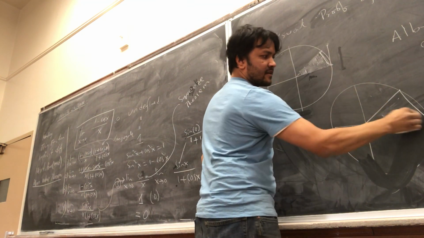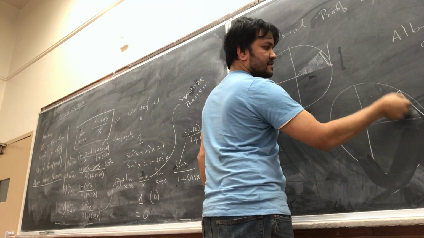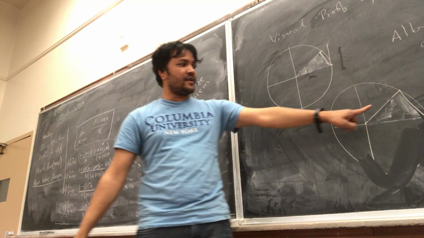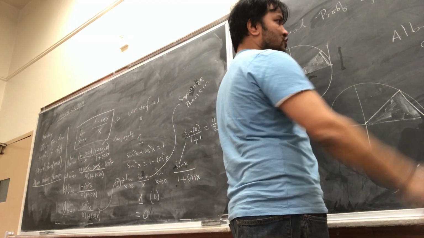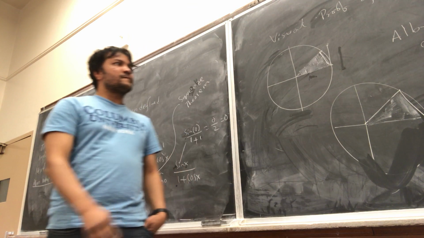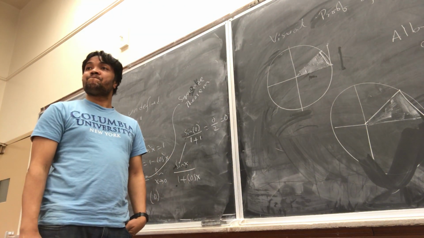I'm trying to take the area of this guy, the area of this guy, the area of this guy. Which one should that fall under? Albert, Isaac, or Dad? Huh? I would say the middle value.